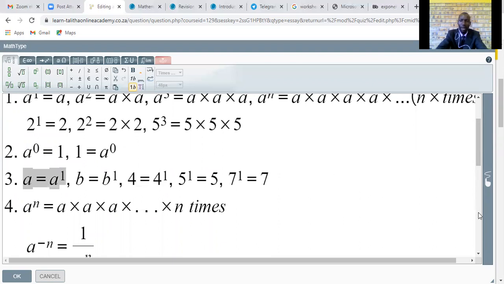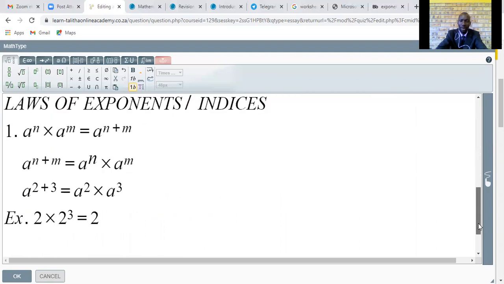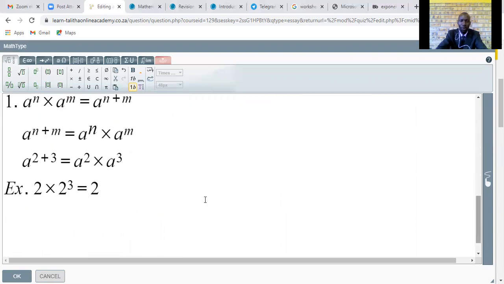So if we are required to multiply 2 times 2 raised to the power of 3, we will do ourselves a favor by indicating the power of the first 2 as 1. Then we multiply this with 2 to the power of 3.